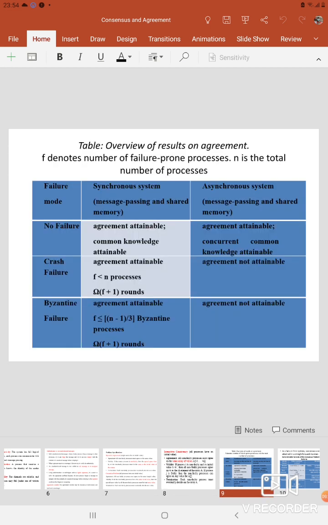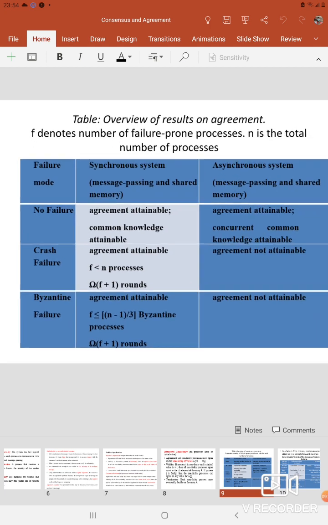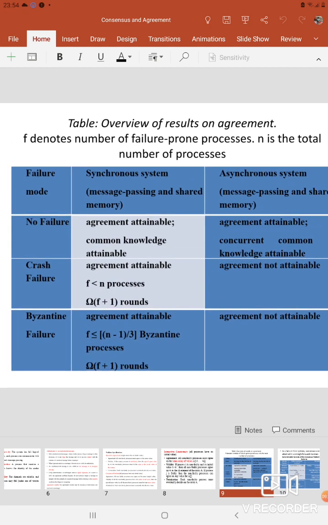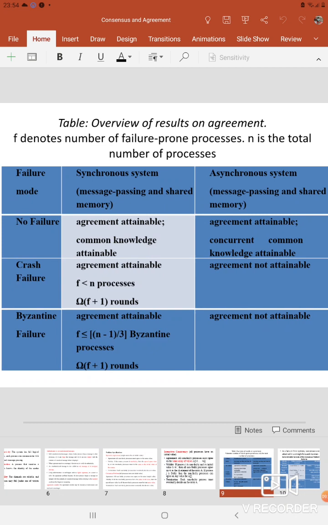So, an overview of results on agreement, where f denotes the number of failure-prone processes and n denotes the total number of processes. In failure mode, we are considering no failure, crash failure and Byzantine failure, and what happens in a synchronous system and in an asynchronous system.